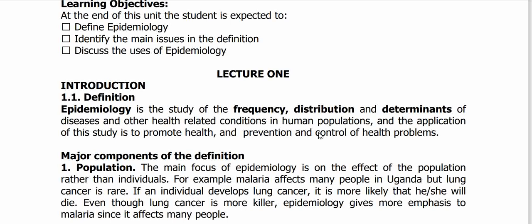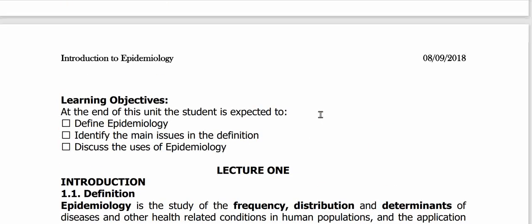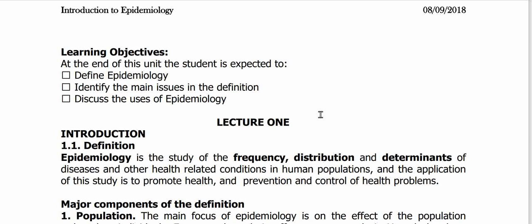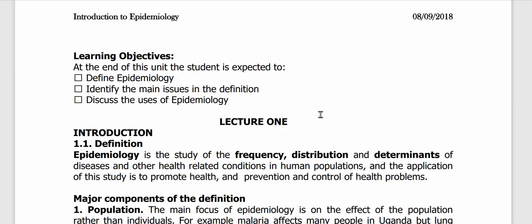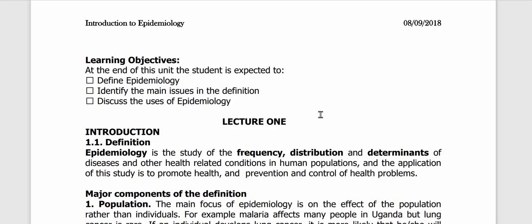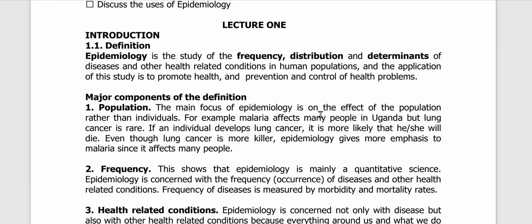Starting with definitions, epidemiology is the study of disease frequency. And when I say disease frequency, first of all, the frequency is what determines the speed of an event. How fast does any event happen?